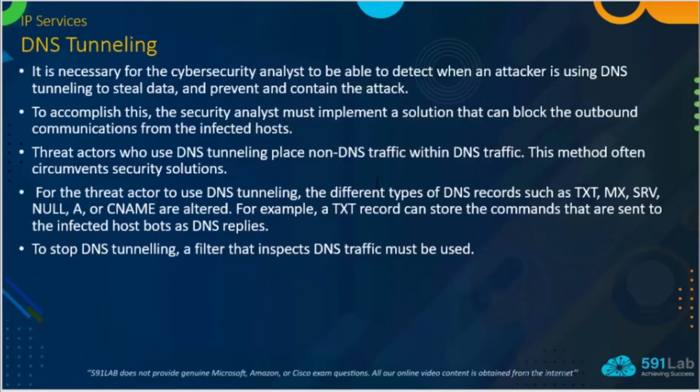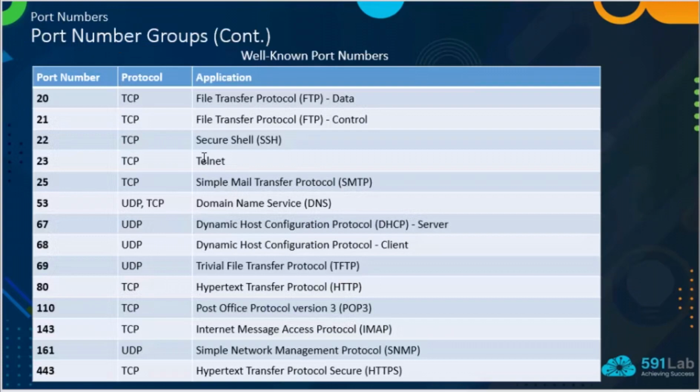Now let's talk about DNS tunneling. DNS tunneling is when a threat actor places non-DNS traffic within DNS traffic. This method often circumvents security solutions. Whenever traffic that is not DNS traffic is being sent out of a DNS port, it refers to DNS tunneling, and that is exactly what happened here.